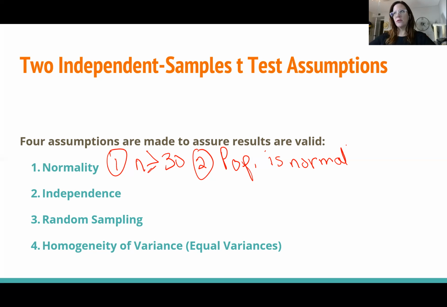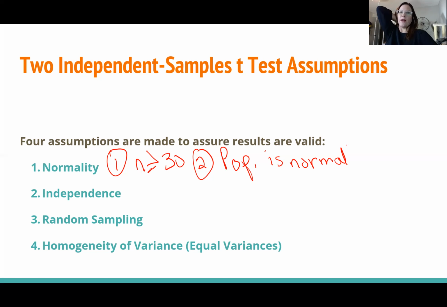If I ask you whether the assumptions were met, and I don't say anything about random sampling, then you need to state, I cannot assure that random sampling was used per the research scenario. It's really about being able to use the information you're provided to answer those questions.